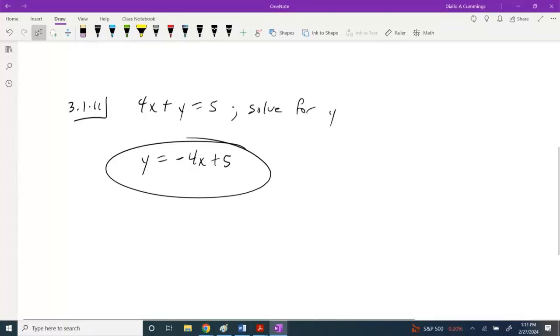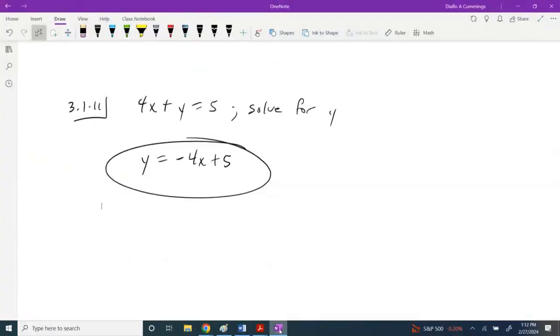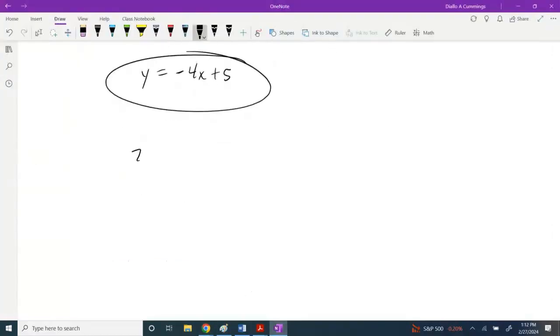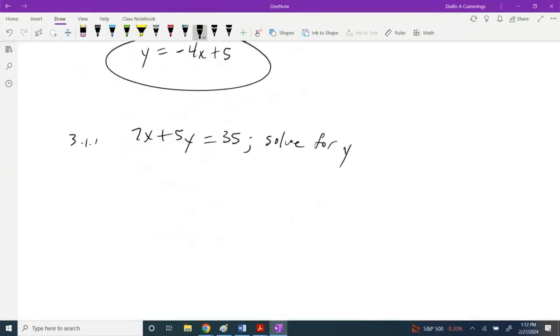If we look at problem number 12, we're given 7x plus 5y is equal to 35, and again, we want to solve for y. I'm going to do the same exact thing.